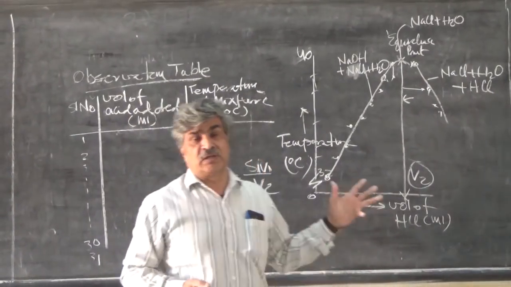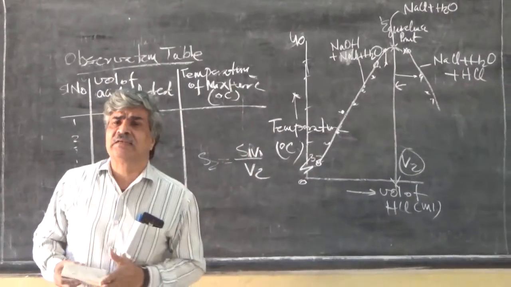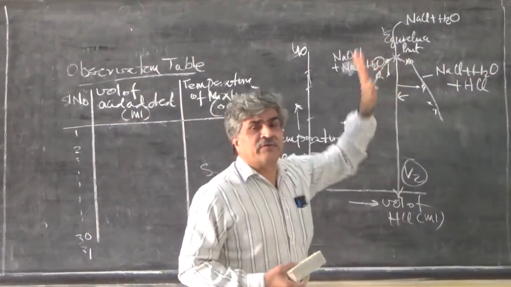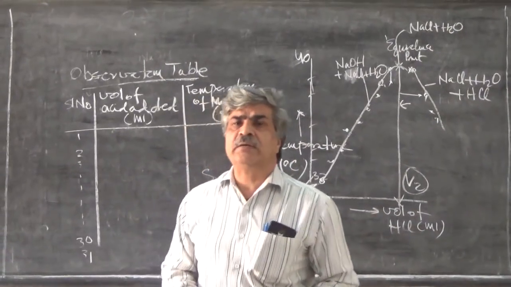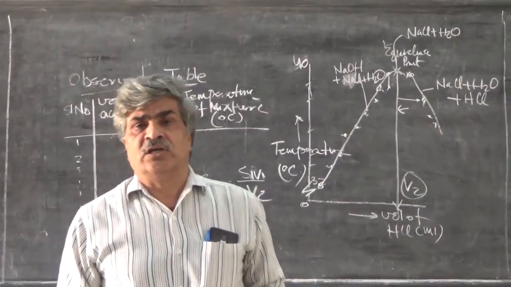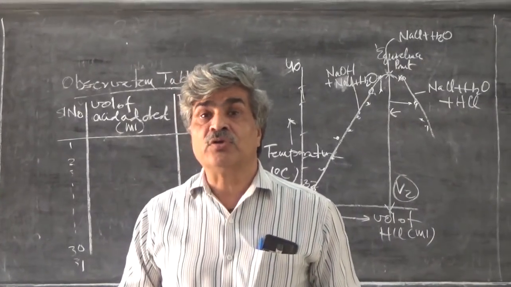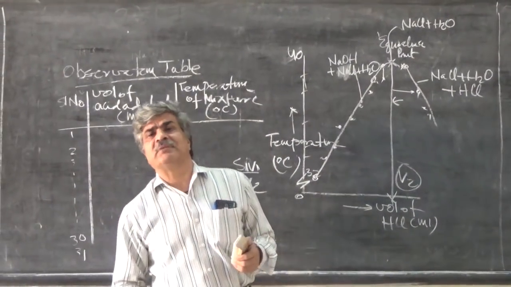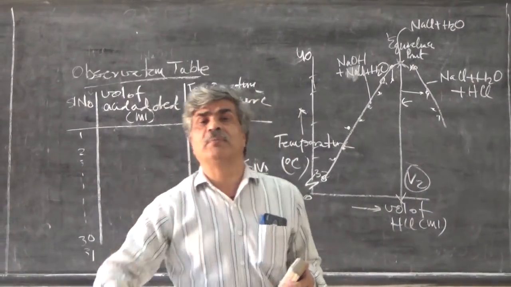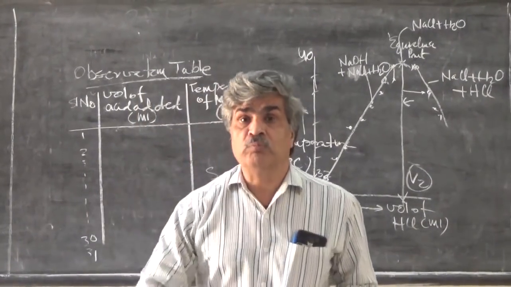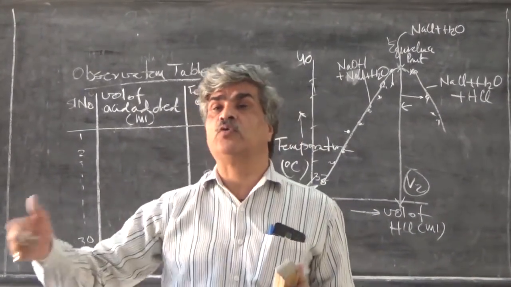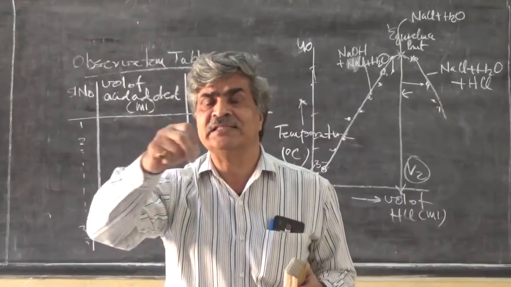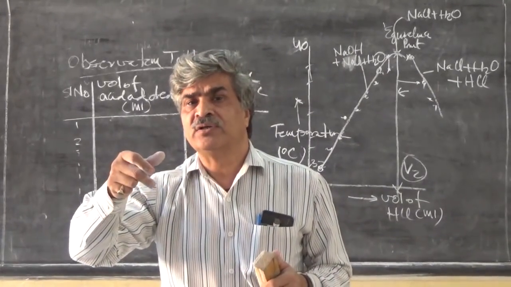Another clarification, or rather I would like to ask you a question: which is more accurate? Is it the endpoint which is accurate, or is it the equivalence point which is more accurate? The endpoint is more accurate, because in the endpoint method we have a control of 0.1 milliliter of the volume, if the least count of the pipette or burette through which you are releasing liquid is 0.1 ml.